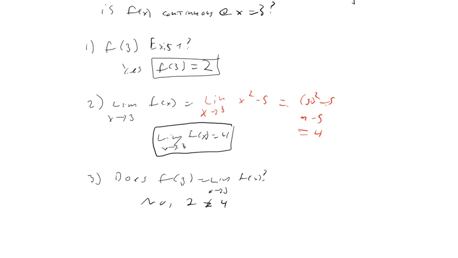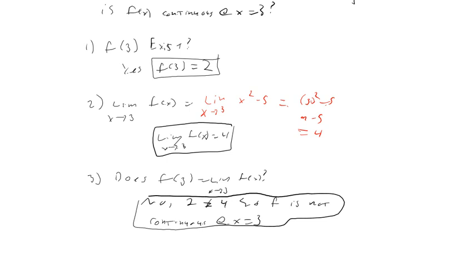So f is not continuous at x equals 3. That entire sentence is your answer. And you showed the steps, right? You showed the value, you showed the limit, you showed that they're not the same, and so it is not continuous. They don't match.